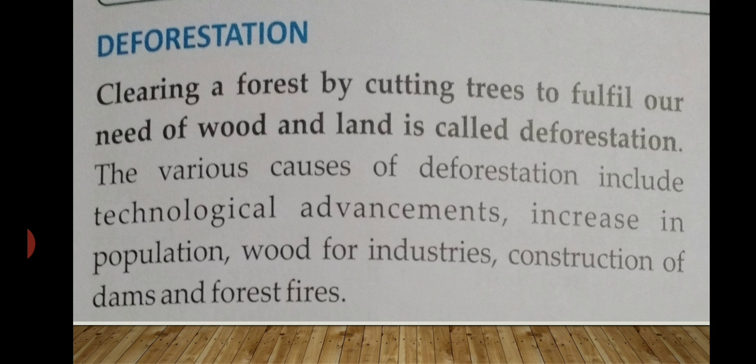The next is deforestation. We are doing deforestation. Why are we doing deforestation? Because clearing a forest by cutting trees to fulfill our needs of wood and land is called deforestation, and its causes include technological advancement, increase in population, wood for industries, construction of dams, and forest fire.